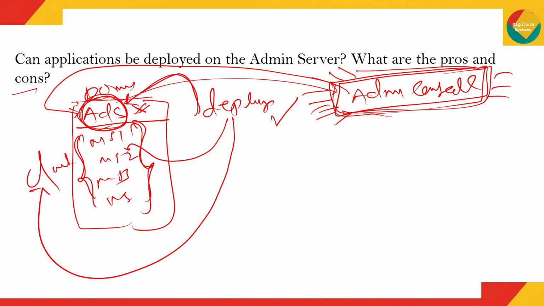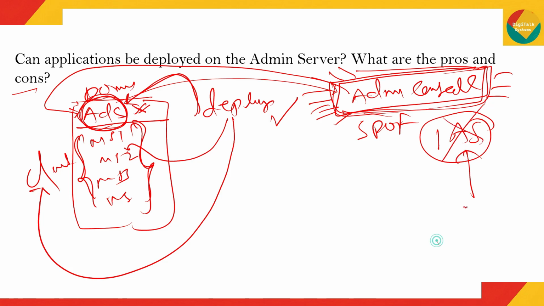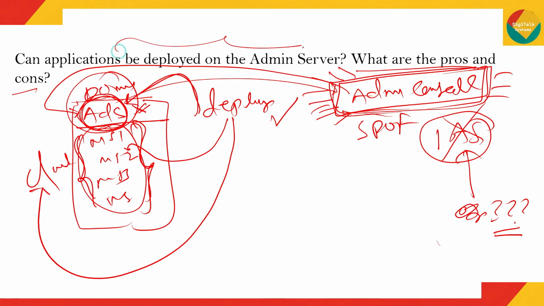Second thing, this is a single point of failure because every domain has only one admin server. If you deploy your application here, and if this server crashes, your application will not be accessible. So it is always recommended to deploy your application only on the managed servers and not on the admin server. As I said, if you want, you can deploy.